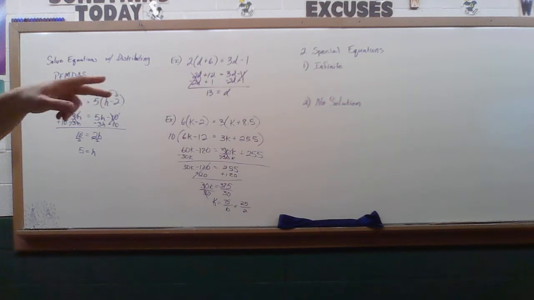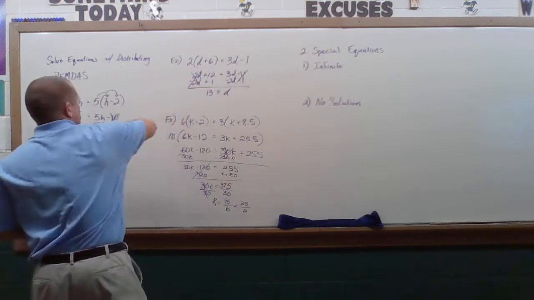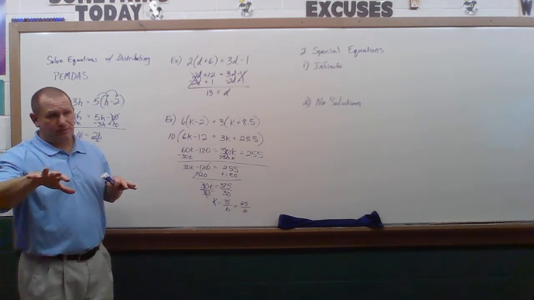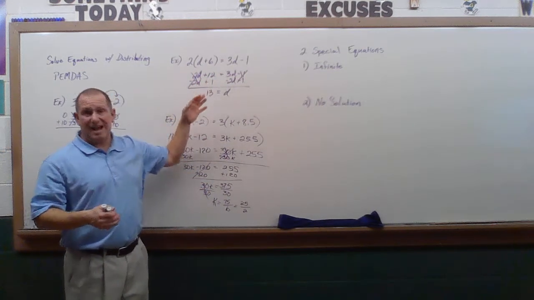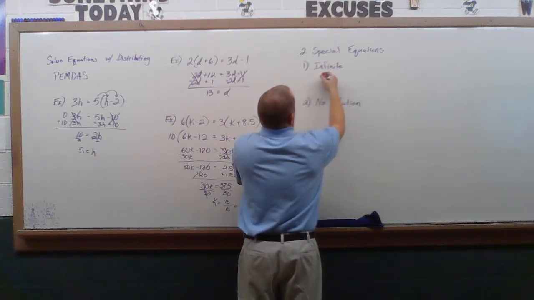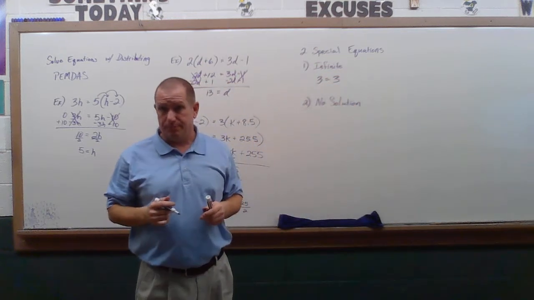No solution would mean if I put a number in there, it's never going to work. Okay? So I'm going to go through the process. My variable is going to get basically canceled out somehow. When I bring it to the one side, it's just going to cancel it out. To get an infinite number of answers, I'm going to have some number equal to itself.